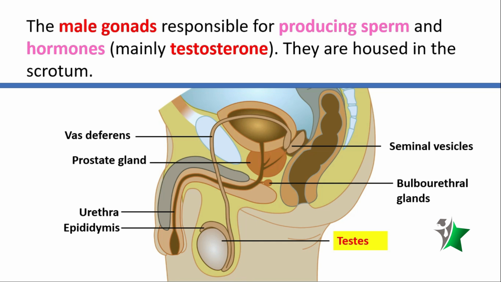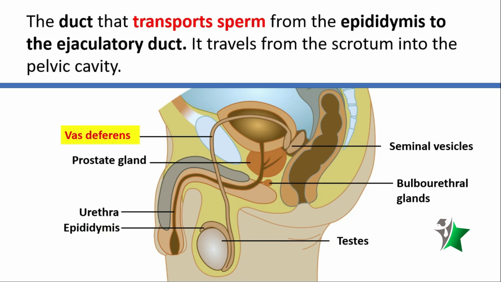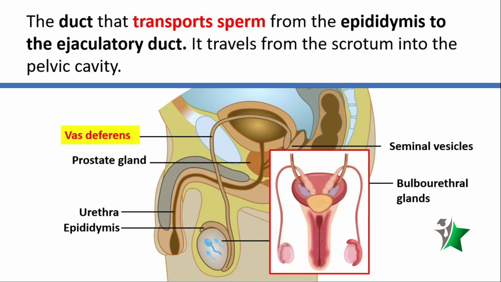They are housed in the scrotum. The epididymis is a coiled tube located behind each testis where sperm mature and are stored. The vas deferens is the duct that transports sperm from the epididymis to the ejaculatory duct.